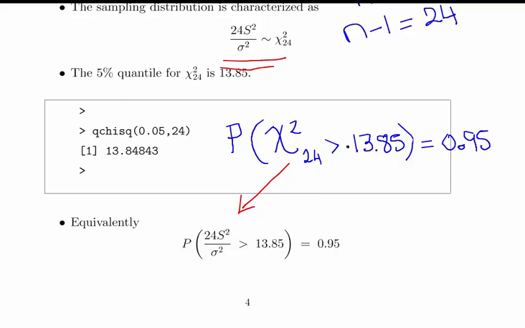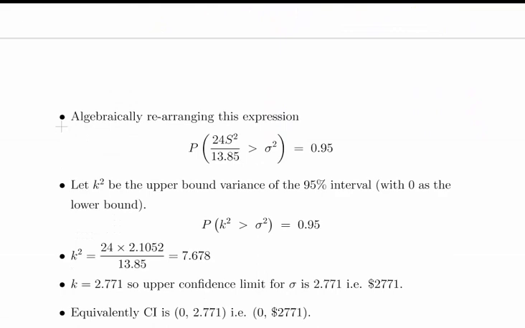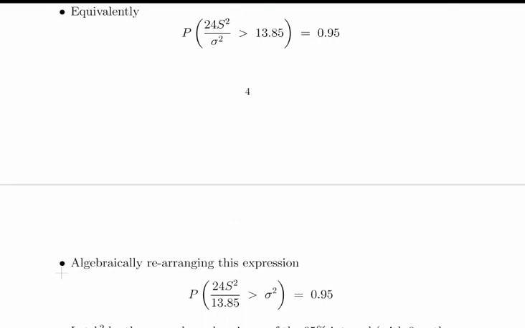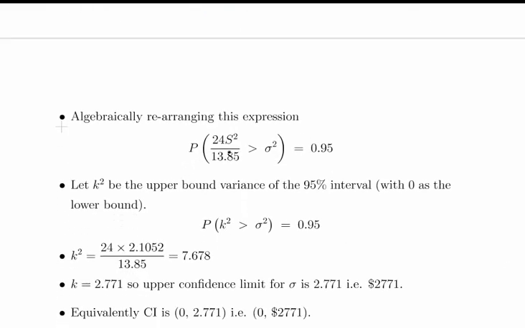It's a bit of mental gymnastics. Now what we're going to do is rearrange that expression, swapping sigma squared and 13.85. We get the probability of 24 s squared divided by 13.85 being greater than sigma squared equals 0.95. I think you realize we're converging to what we really need here.